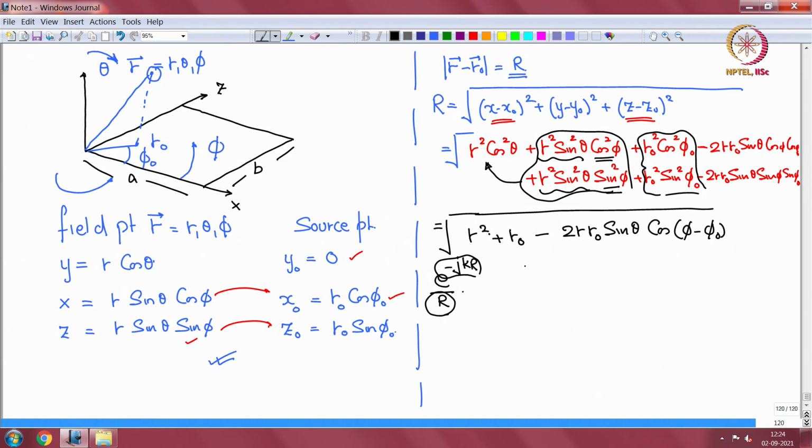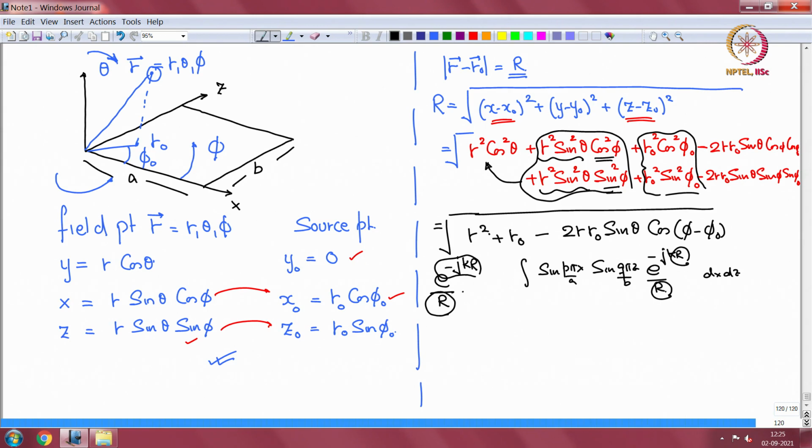If we write the integral which has sin p pi x by a sin q pi z by b e to the power of minus j k r by r, where r contains x and z, dx dz, this is not amenable to closed form solution.